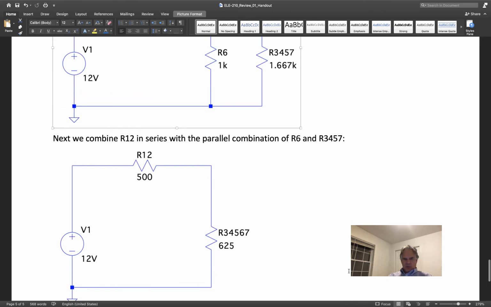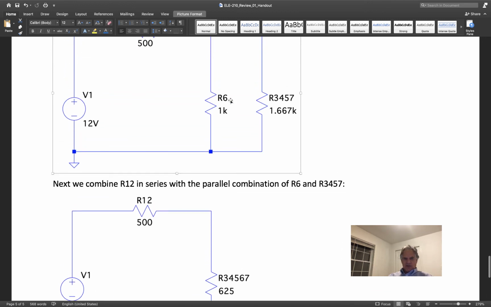And when we do this parallel combination, you could think of this as 3/3 and 5/3.